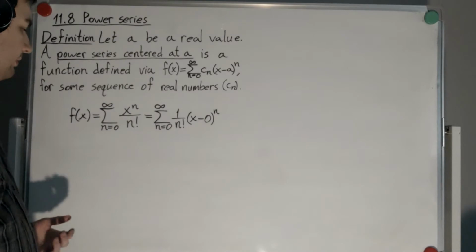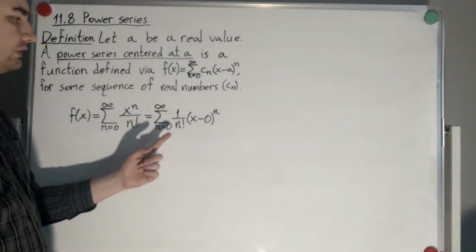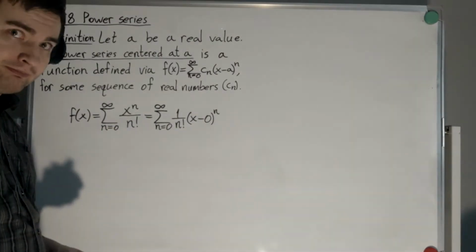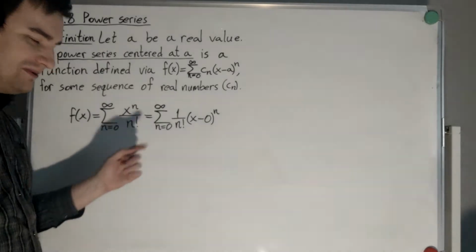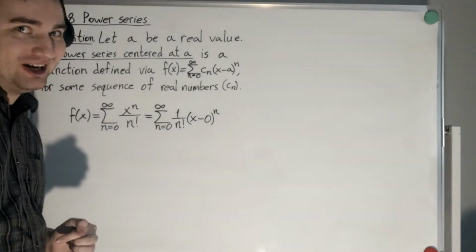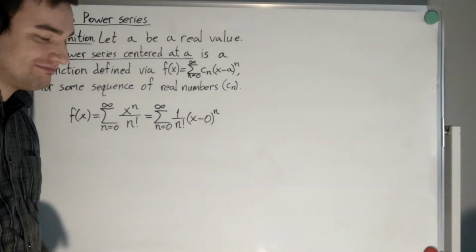Okay, so in this case, we have a power series centered at 0, and the coefficients are just 1 over n factorial for all the non-negative n. By the way, 0 factorial is 1. That's something that I should mention right now, and it's going to come up later. So yes, 0 factorial is defined as 1.